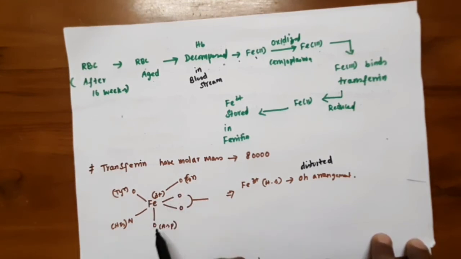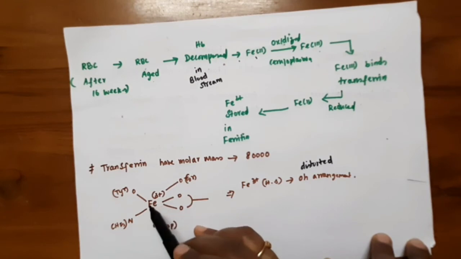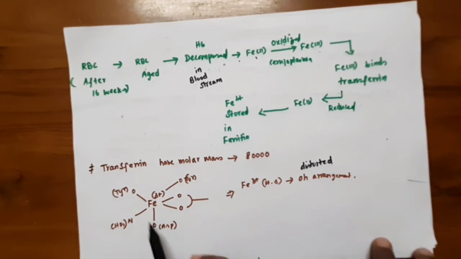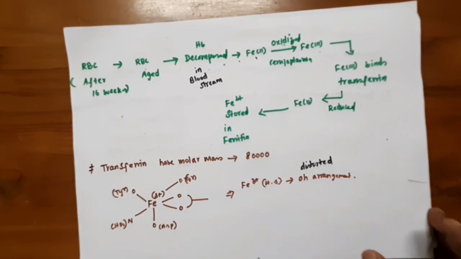Here the donor atoms are nitrogen from the histidine residue, so this iron is connected with the imidazole ring of histidine, and there are 2 tyrosine oxygen donor atoms and 1 oxygen from another amino acid, aspartate, and another coordination site is either linked with carbonate or formate. So there are 6 coordination sites in a distorted octahedral arrangement.